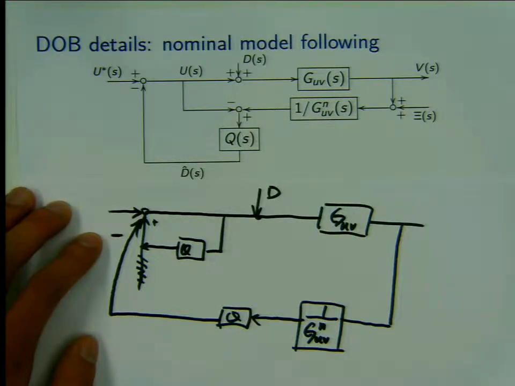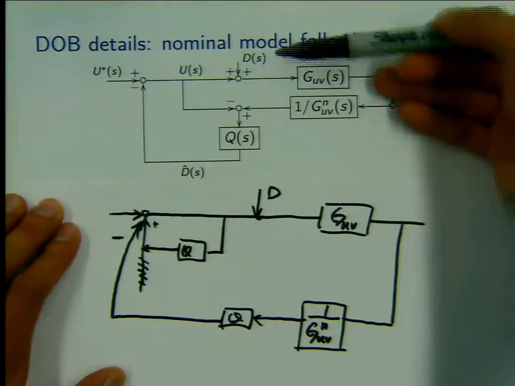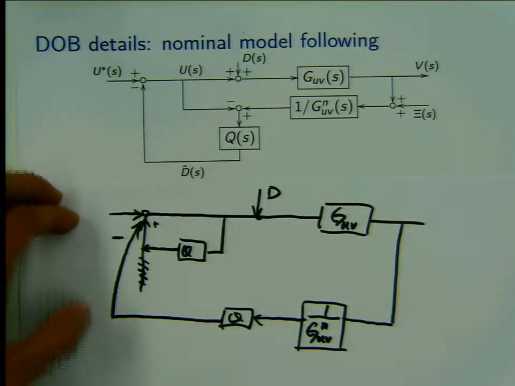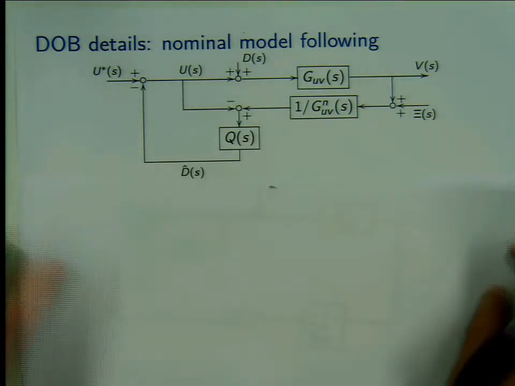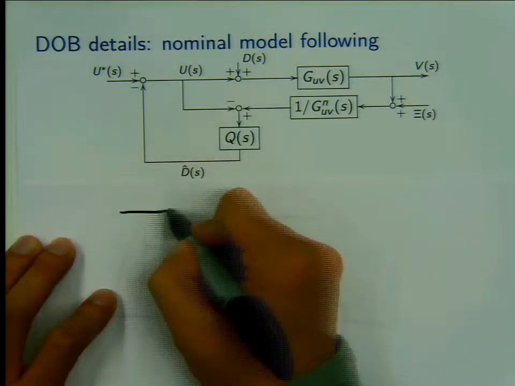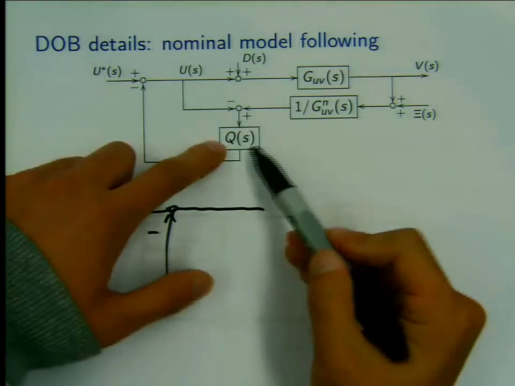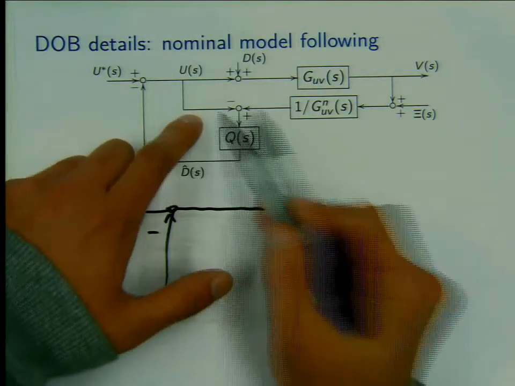Okay? Any questions? Some of you look confused, so let me do it again. Essentially, I am doing this. First of all, I am distributing this Q into these two branches.